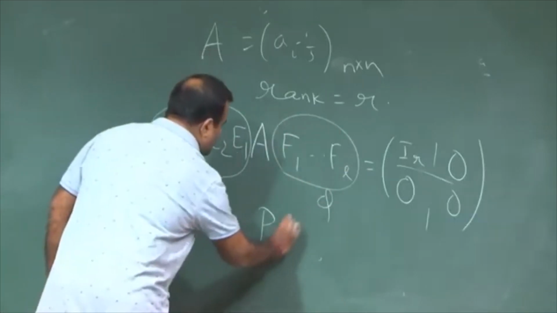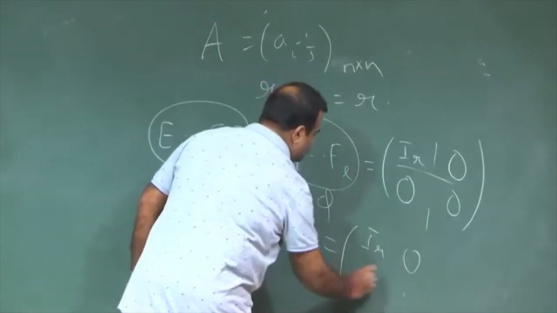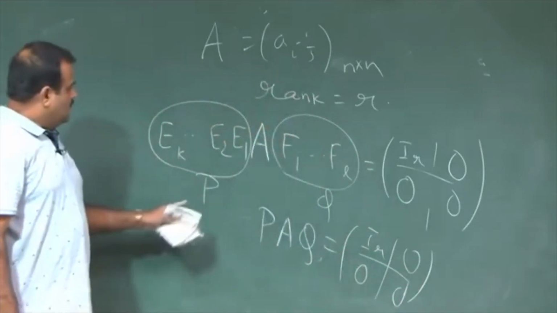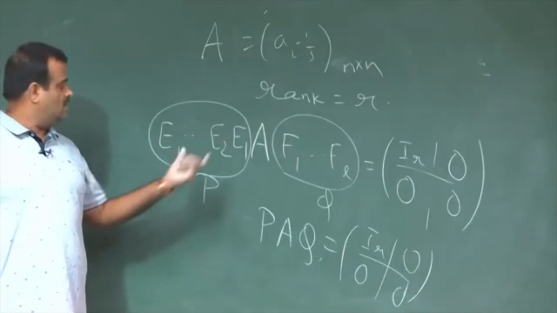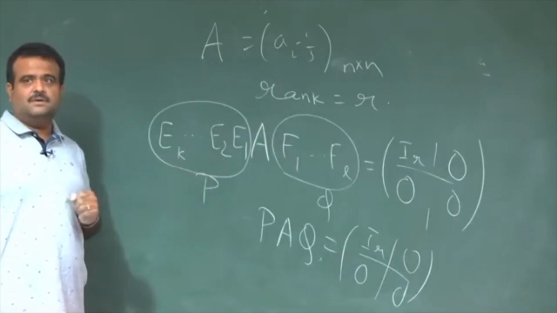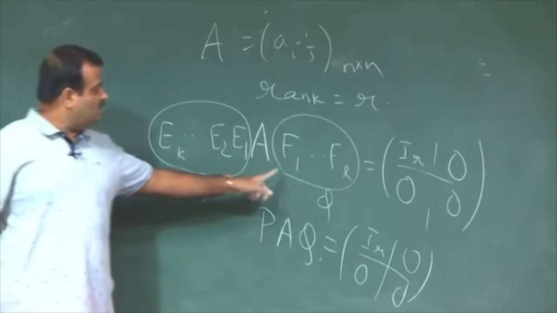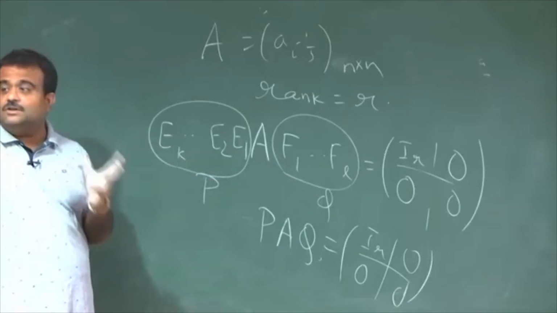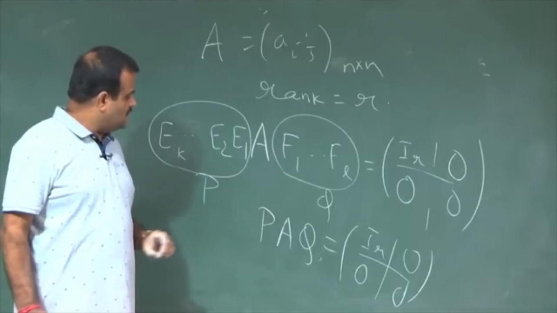So, we have PAQ equal to this form. These are all sub matrices. This P is nothing but the product of the elementary row matrices, and Q is nothing but the product of the elementary column matrices, and they are non singular. Okay. So, this way we can proceed.